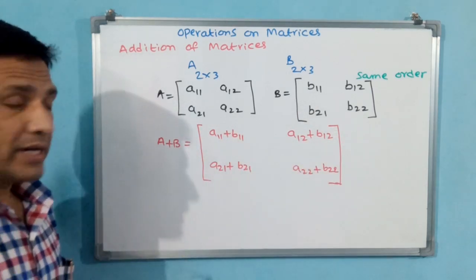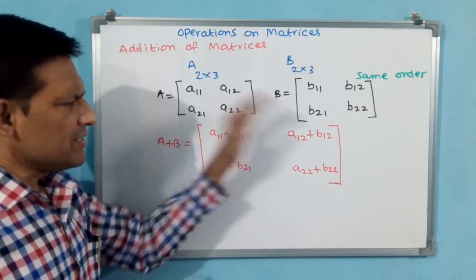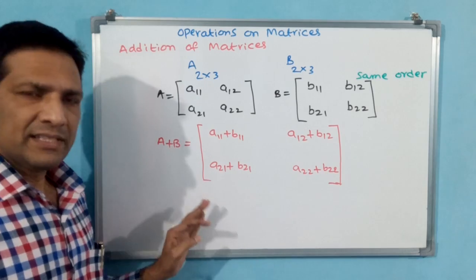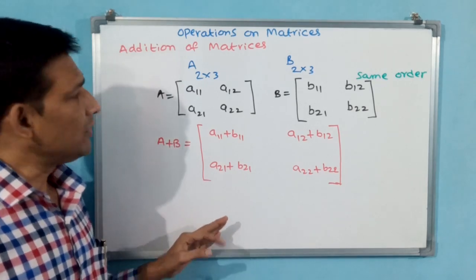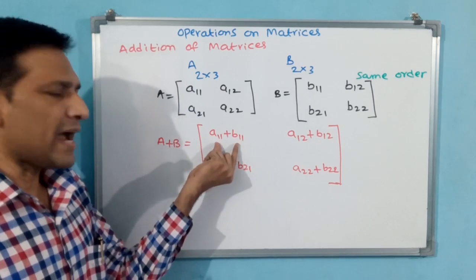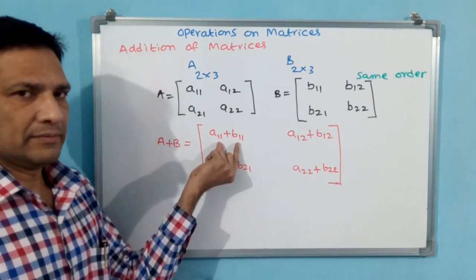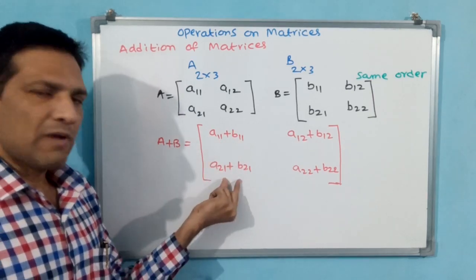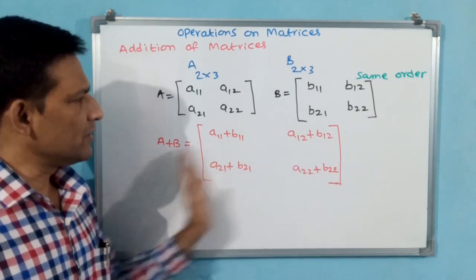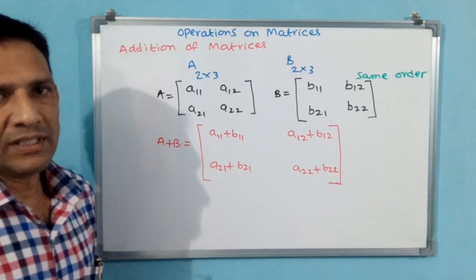One more important part. If A plus B is equal to C, then the resultant matrix also will be of the same order. After adding, each position becomes one entry, so that means 4 entries are there, 2 rows, 2 columns.